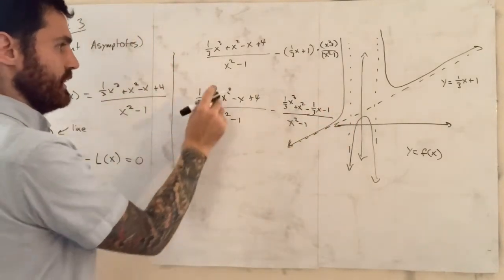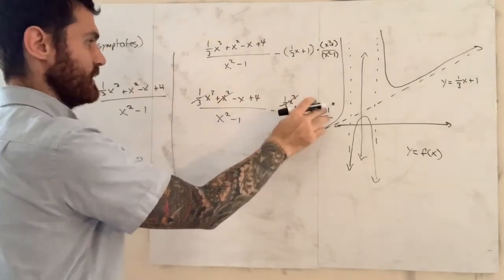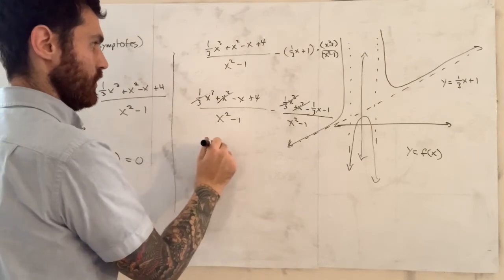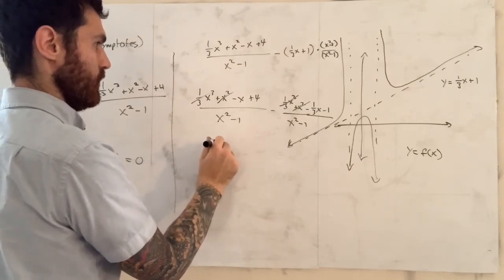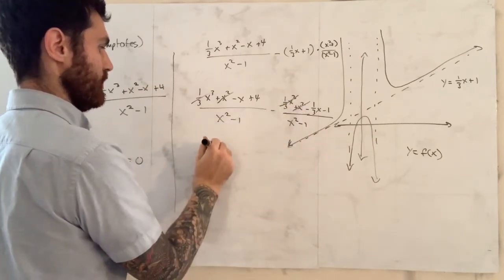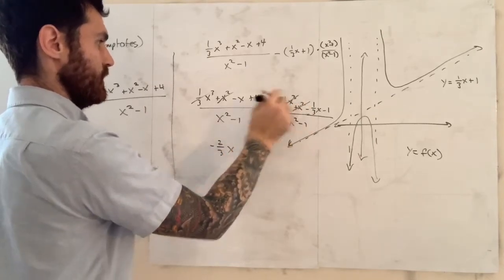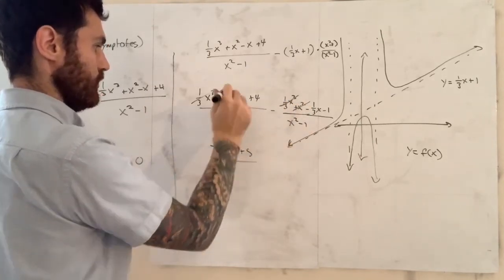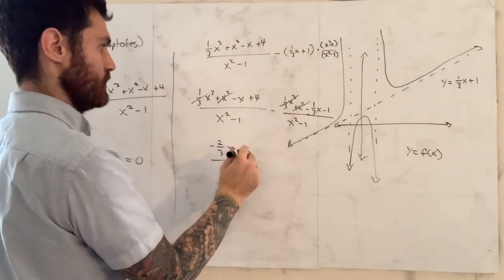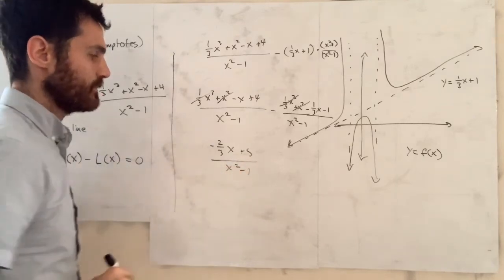Okay, when I combine these, that's going to cancel with that. This is going to cancel with that. And I'm going to be left with negative 2/3 x plus 5, all over x squared minus 1.